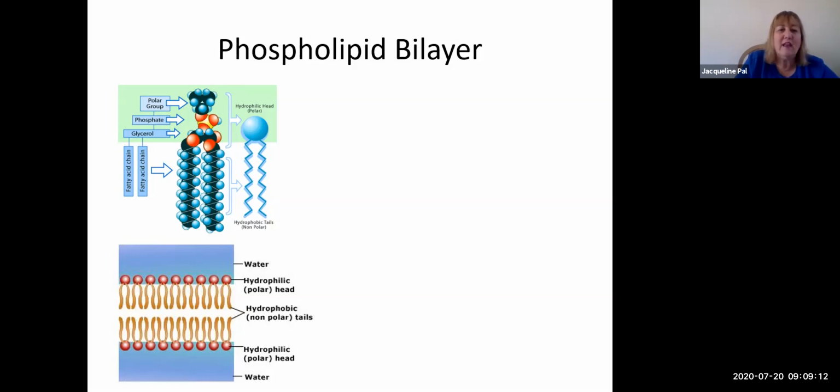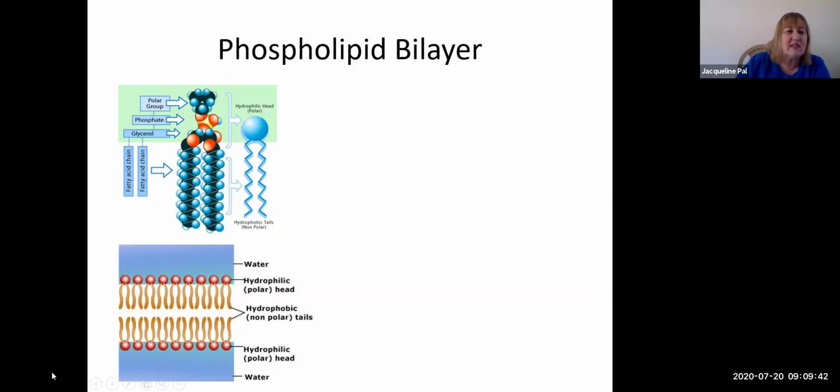For the head part, we use the word hydrophilic. Hydro means water, and philic means it loves water. So we have hydrophilic heads on the watery sides: the side facing inside the cell, because inside the cell we have the cytosol, which is mostly water, and also the outside of the cell, because our environment is mostly water out there as well.